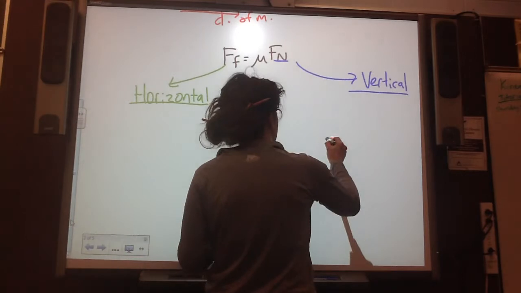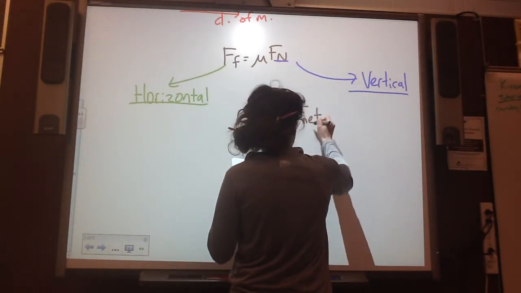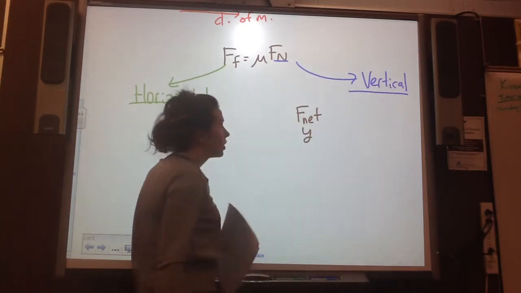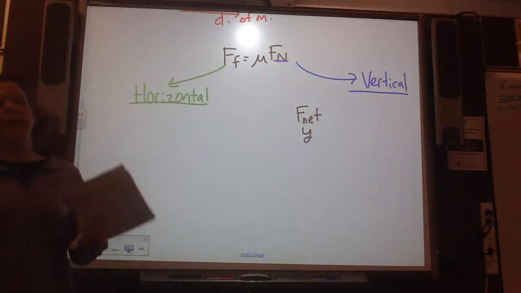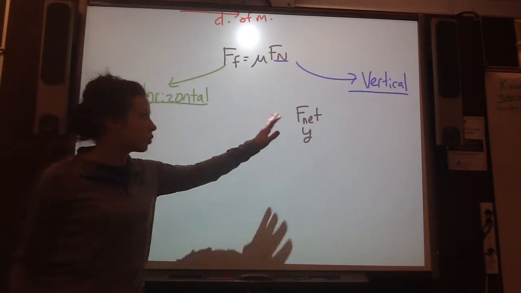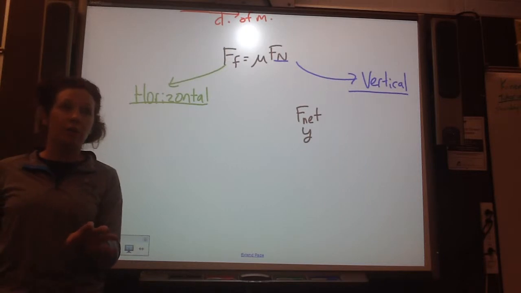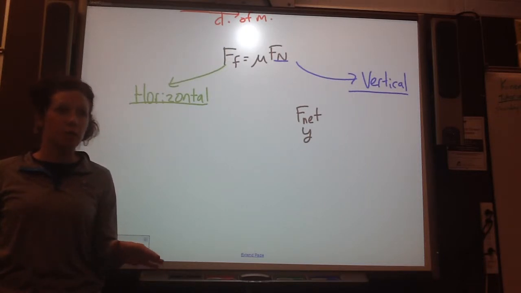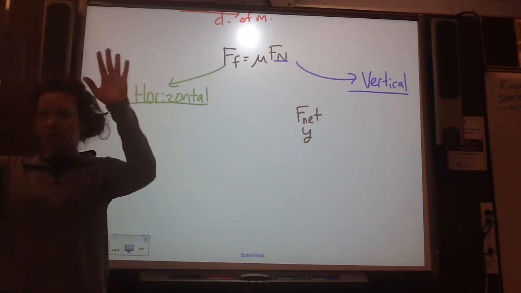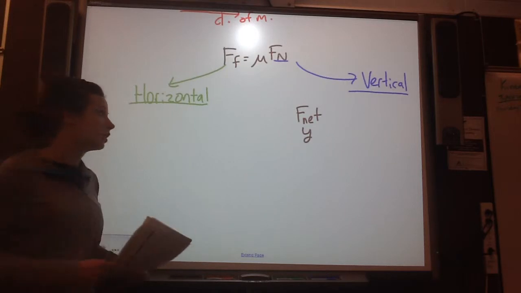So, vertical F net. So F net, and put a Y underneath of it to remind you. This is really important that we make sure that we know that we're talking about vertical, which is Y, and horizontal, which is X. This was what a lot of you got mixed up in your projectile motion. So please make the effort to separate vertical and horizontal, X and Y.